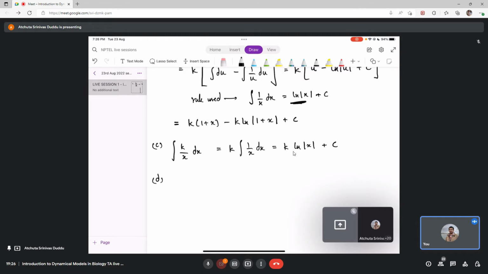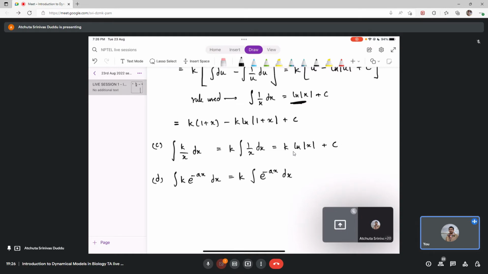So the next integral would be d, the integral of k times e power minus ax dx. That would be k, bringing it out again since it's a constant, times the integral of e power minus ax dx.